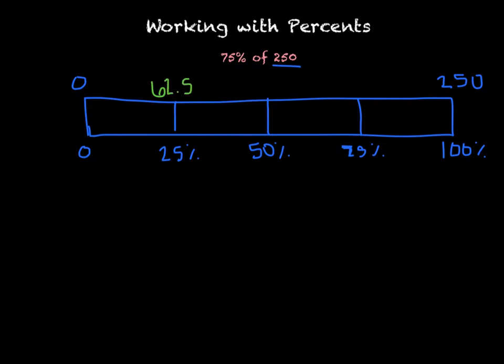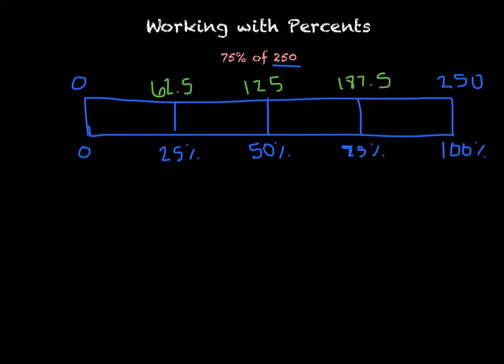62.5 for each fourth. So 62.5 times 2 will give us our half, which you can check: 125 times 2 is 250, so we're on the right pace. And then I'm going to add 62.5 to 125 to get 187.5.